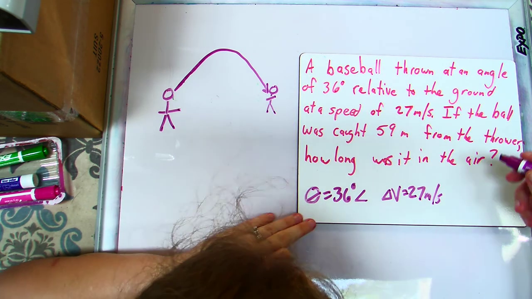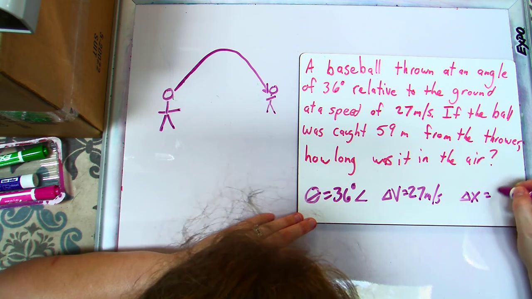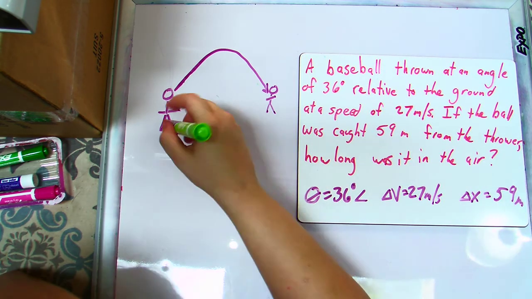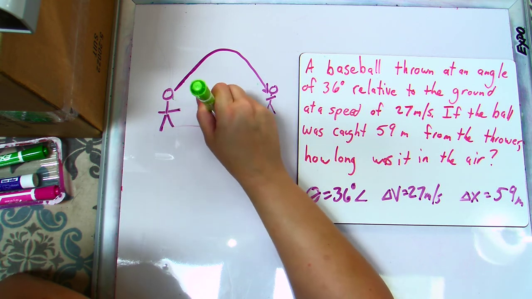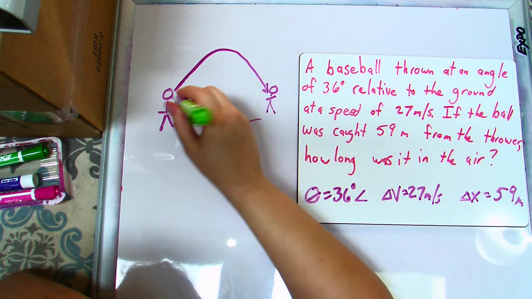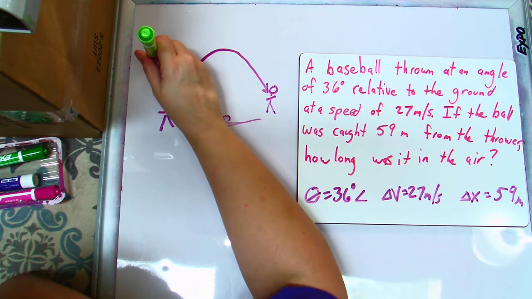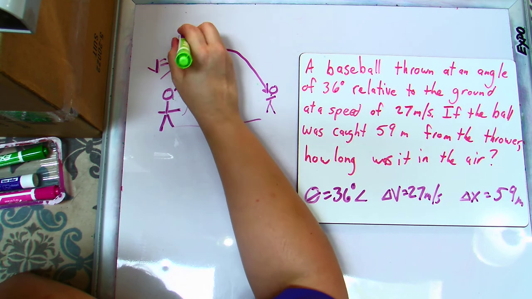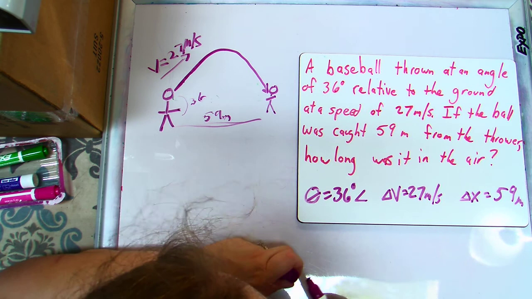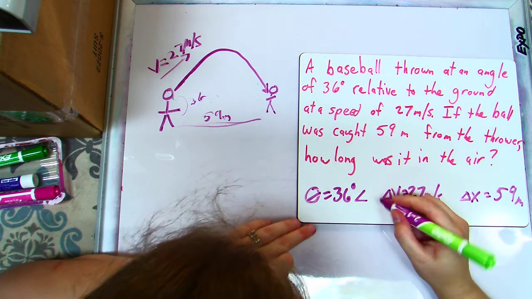And we know that it was caught 59 meters from the thrower. So this is 59 meters. The angle is 36. And it has a velocity of 27 meters per second. We want to know the time.